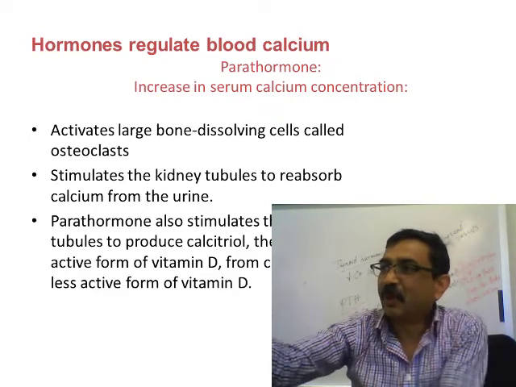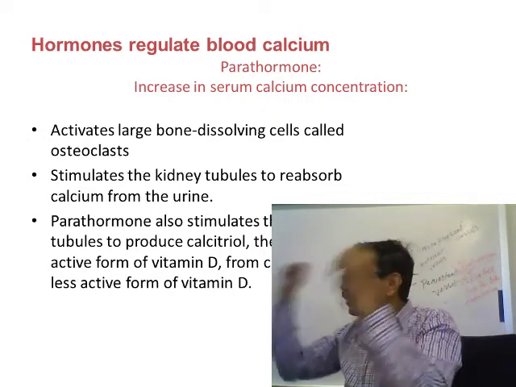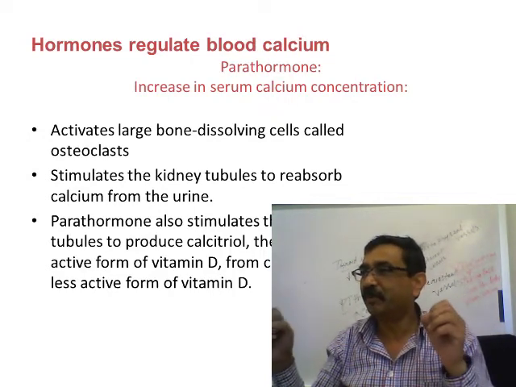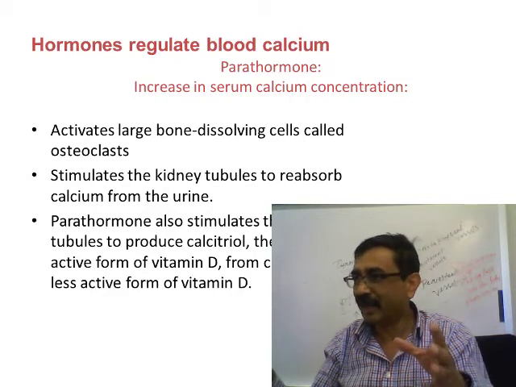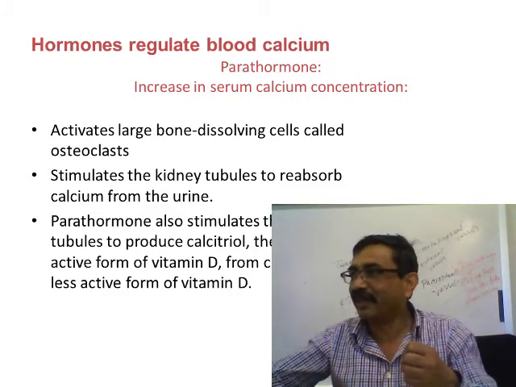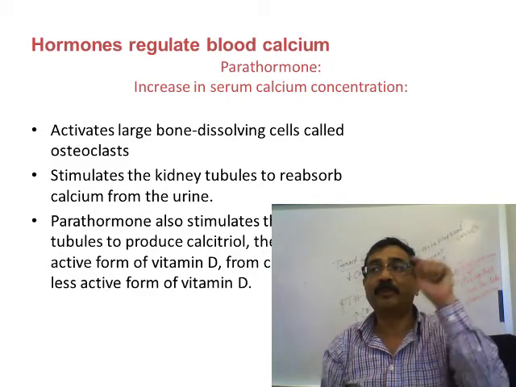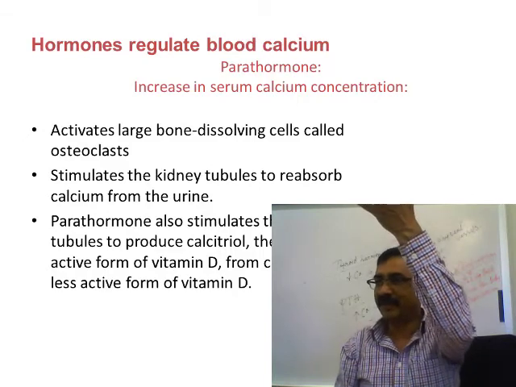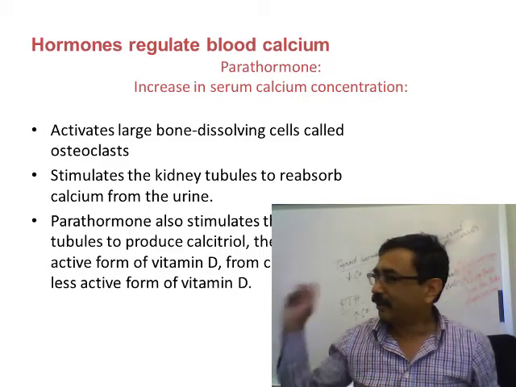If you stimulate the osteoclast, it breaks the matrix, which means calcium gets out of the matrix and enters into the blood. Blood level of calcium will go up. Make sense? That is one action of parathyroid hormone.